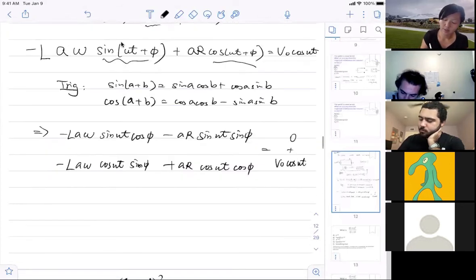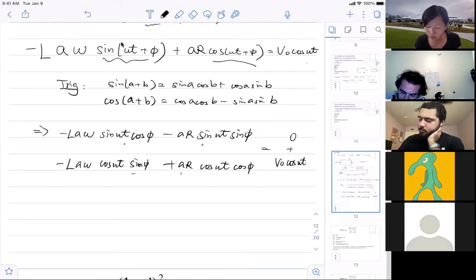Okay, so it's going to be 4 terms on the left-hand side, 1, 2, 3, 4, and 1 term on the right-hand side.